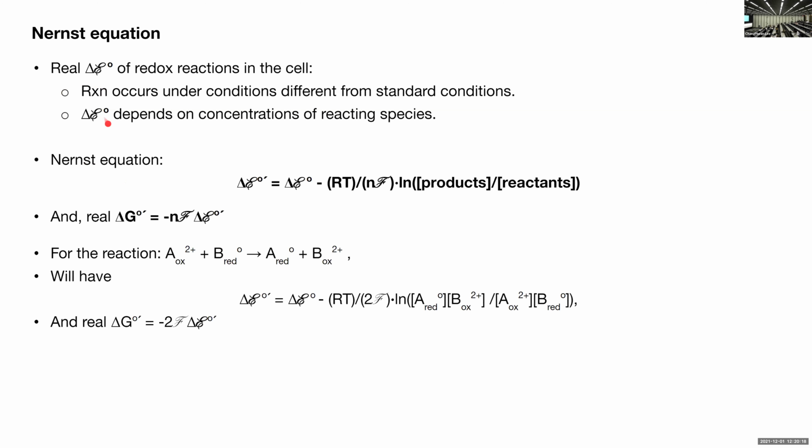Here, the delta E naught values can change depending on the concentration, temperature, and so on. So the Nernst equation gets the delta E naught value here, but also considers the other energy that can be induced by conditions other than standard state. That's going to be just a simple energy equation here, RT divided by N F, the Faraday constant, multiplied by Ln of the ratio of the concentrations of products and reactants.